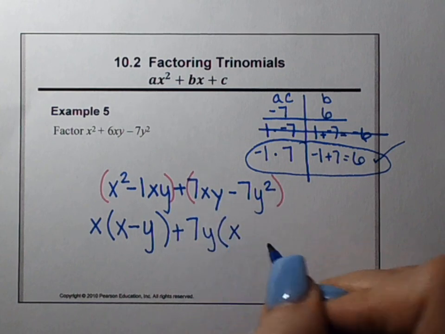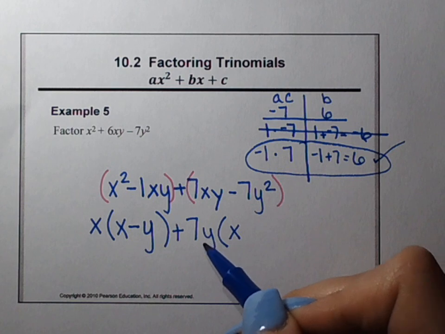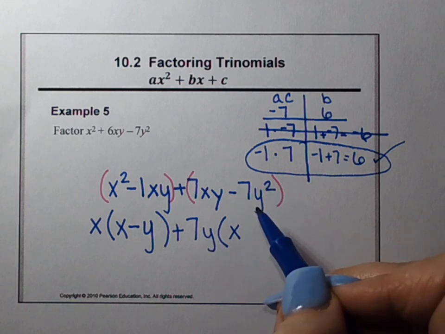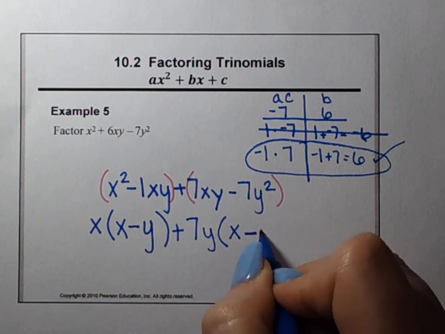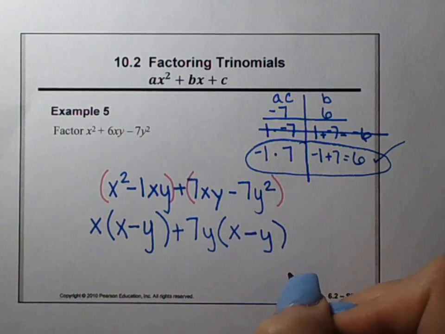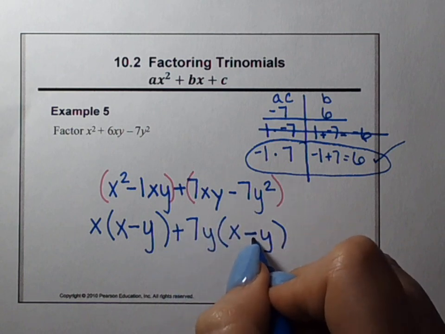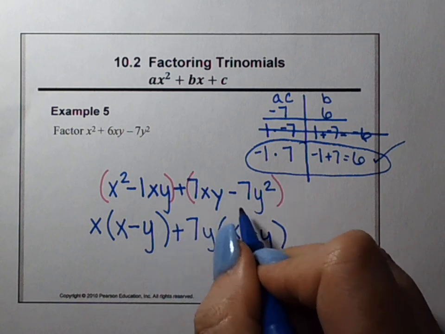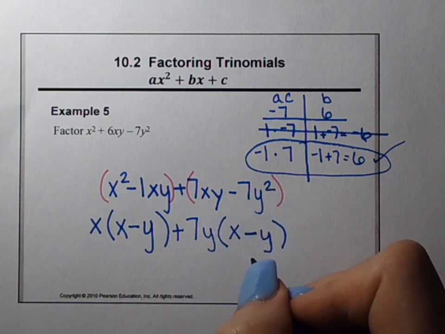Well, I just multiply it by an x. And then what do I multiply 7y by to get to negative 7y squared? I'm going to have to multiply it by a negative y. Because that'll make negative 7 times the negative y give us a negative 7, and y times y gives us that y squared.